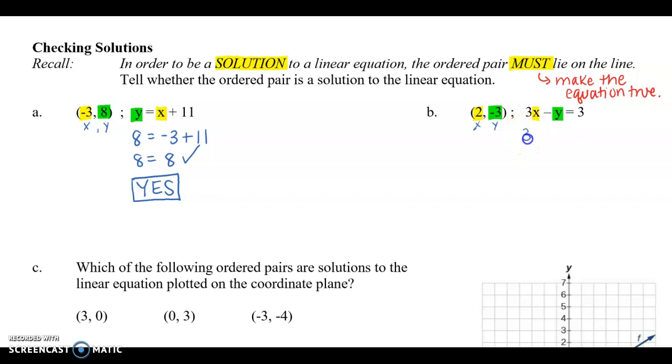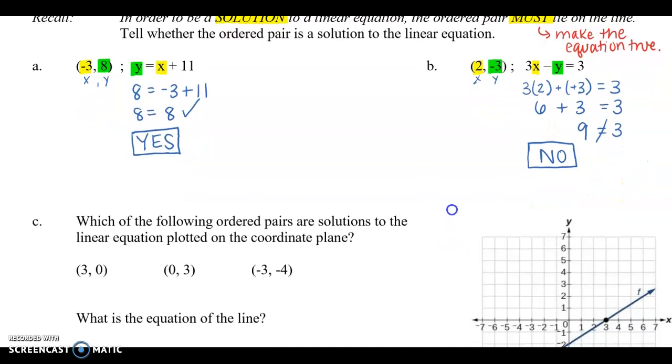So this becomes 3 times 2 minus a -3 equals 3. 3 times 2 is 6 plus a +3 equals 3. 6 plus 3 equals 9, and 9 does not equal 3. So this is not a solution because it is not a true statement.